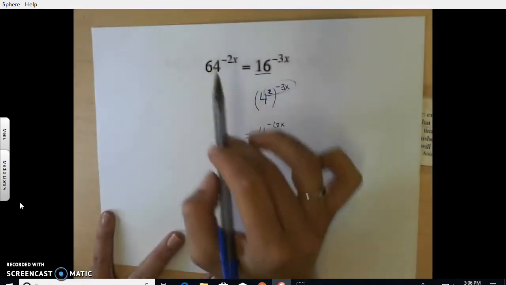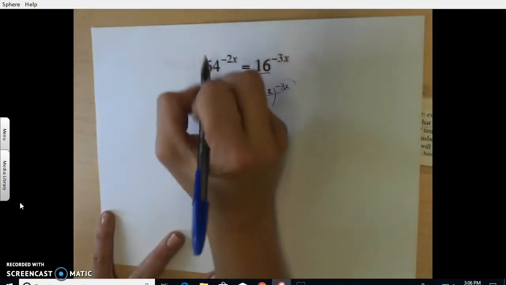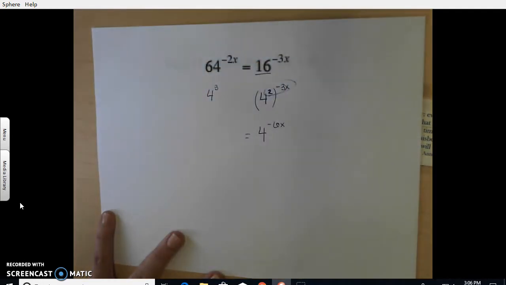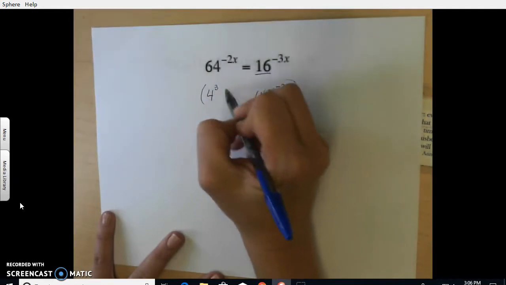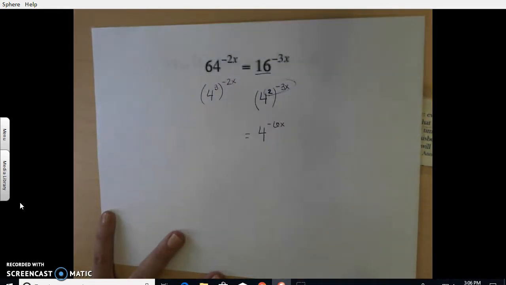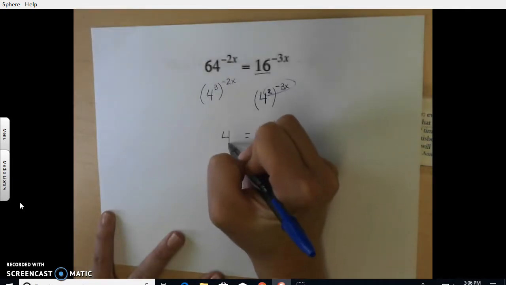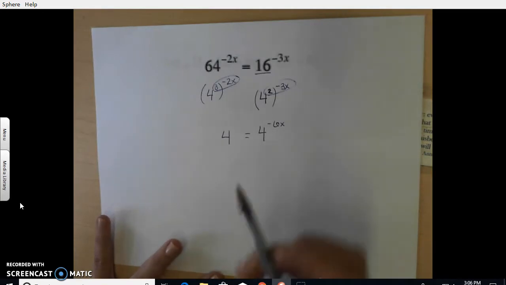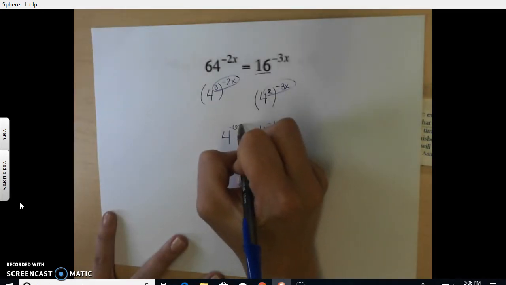I then look at the other side and think about 64. 64 is the same thing as 4 to the third power. So 4 to the third power to the negative 2x power would give me 4 to the 3 times negative 2x, which would be negative 6x.